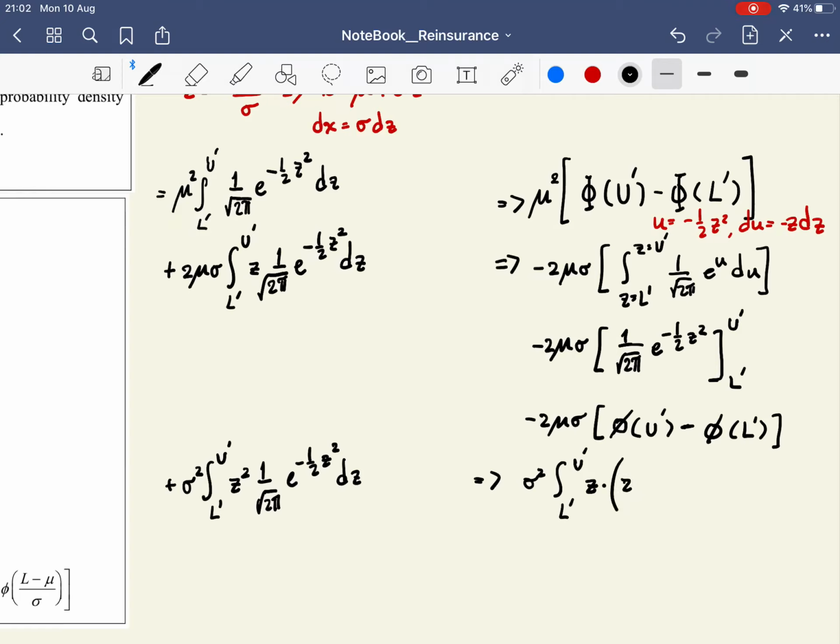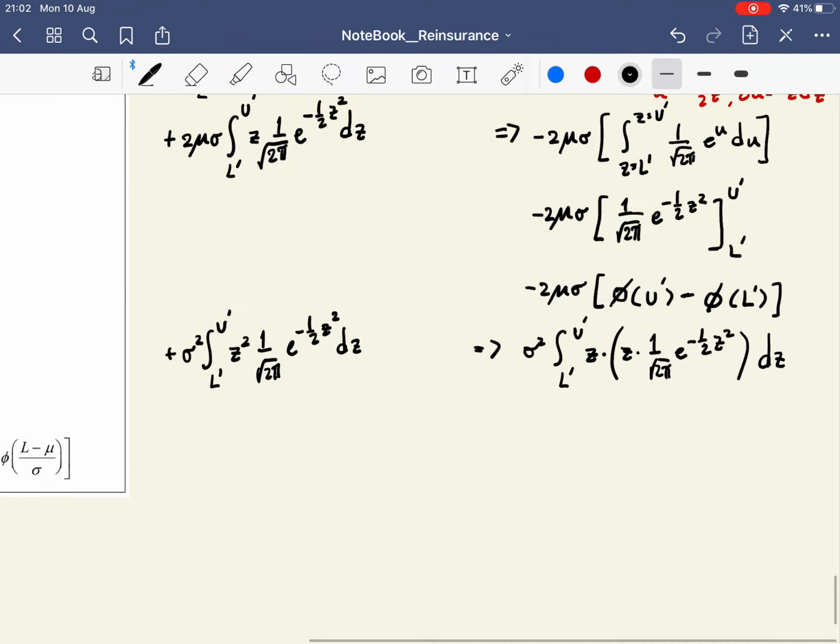I should put the parentheses here so it is more clear. Multiplied by 1 over square root 2 pi e to the power of negative 1 over 2 z square dz. Okay, this is what we have.